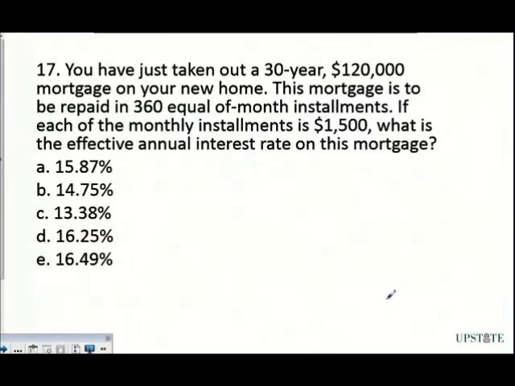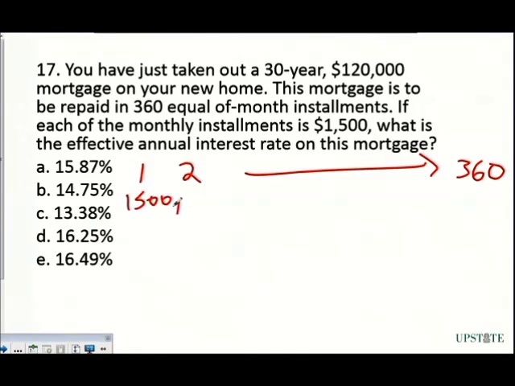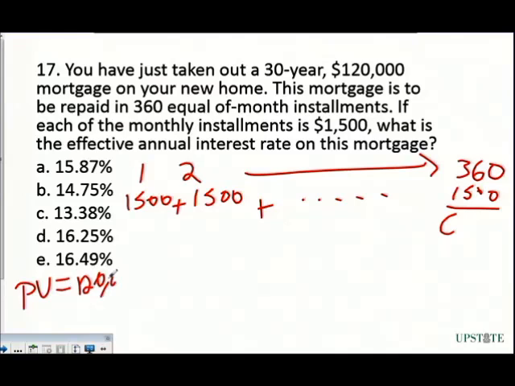When we're doing this, we need to figure out what the interest rate is. So we would set this up as 1, 2, running all the way out to 360, and the amount of our payment here is $1,500. We know our present value is $120,000, because that's what we're borrowing.